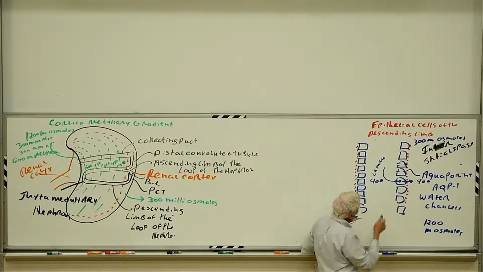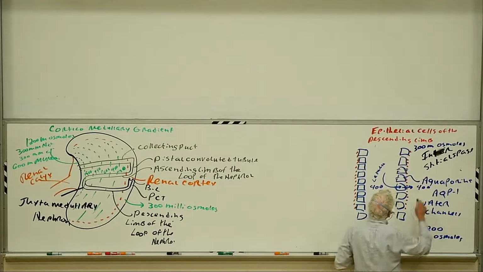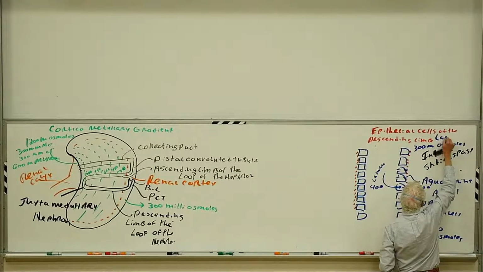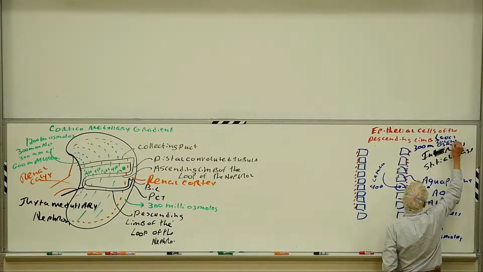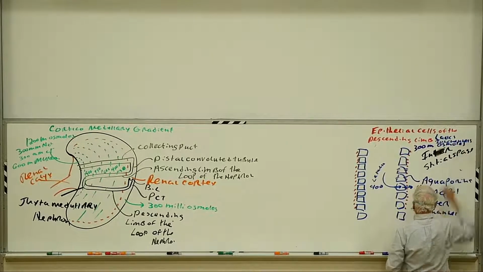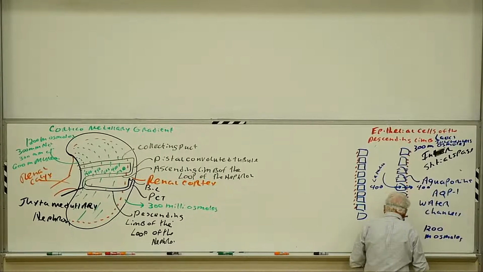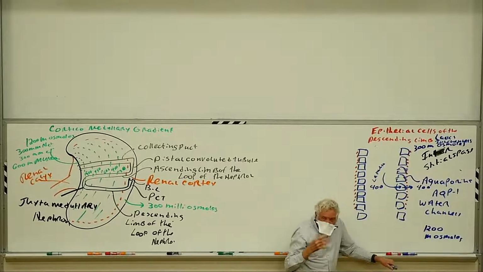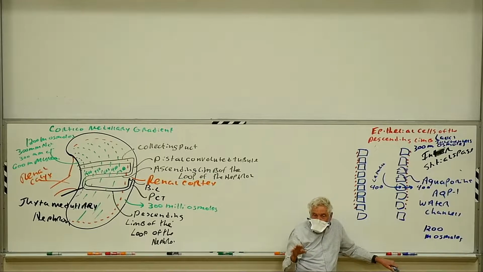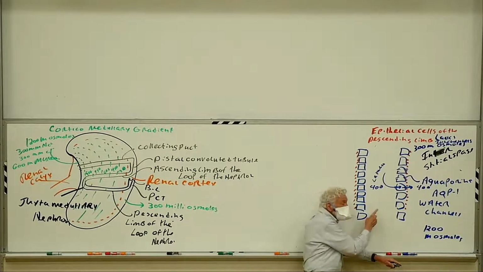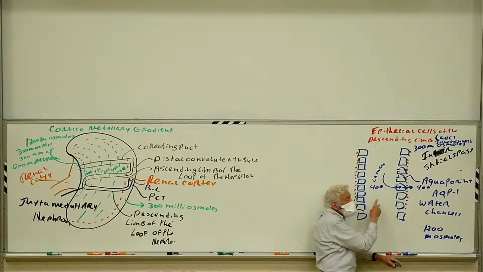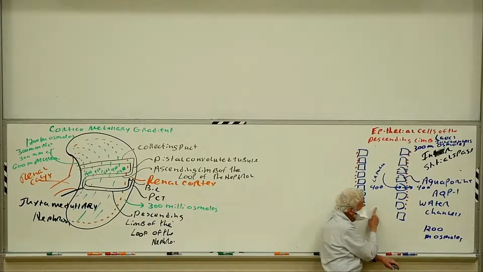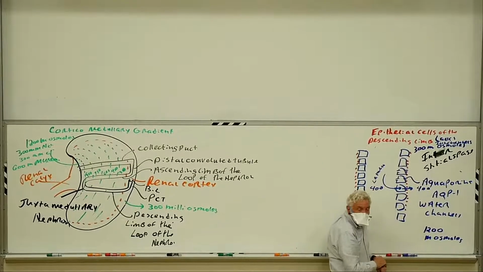One of the hallmarks of the descending limb is that it lacks ion channels. So the ions are trapped in here. They can't leave. Water can leave, but the ions can't. So as the water leaves, the concentration of ions gets higher and higher in here. And as the water leaves, the concentration of ions in here comes to equilibrium with whatever it is in the outside world.